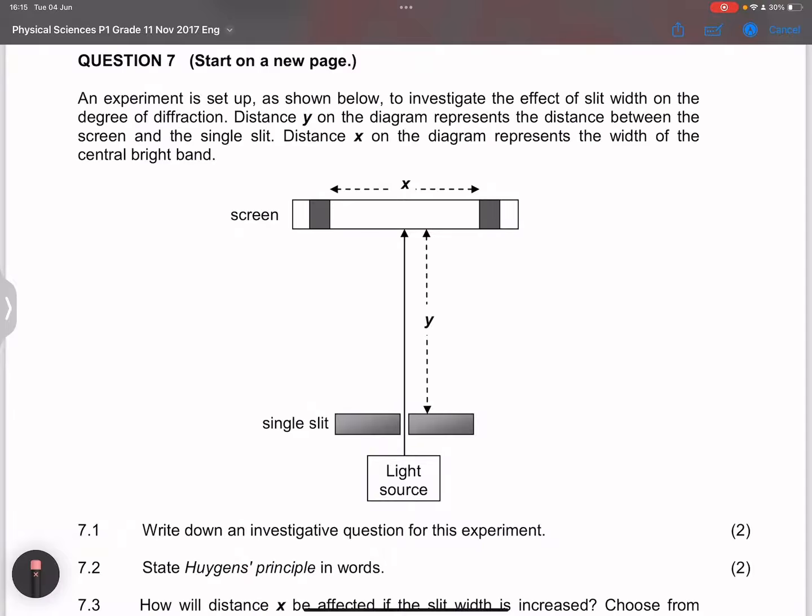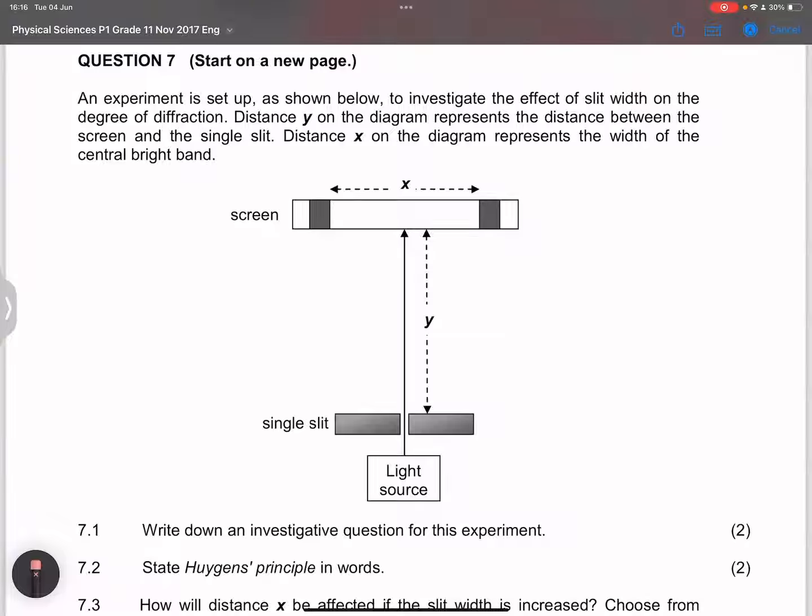So we can say, how will the slit width affect the angle or the width of the central bright band? Remember that an investigative question must not be answered with a yes or no, meaning you must ask an open question, and please do not forget to have a question mark at the end. Otherwise it does not become a question.